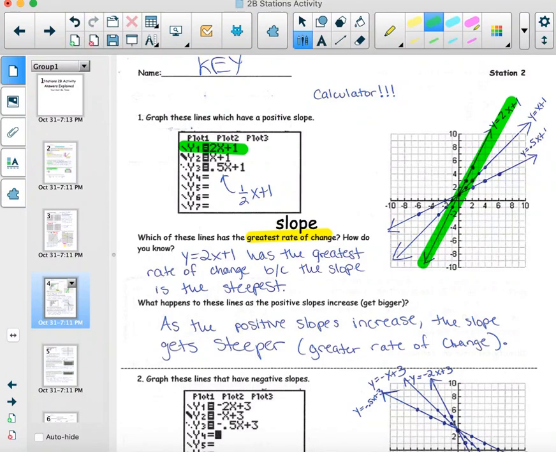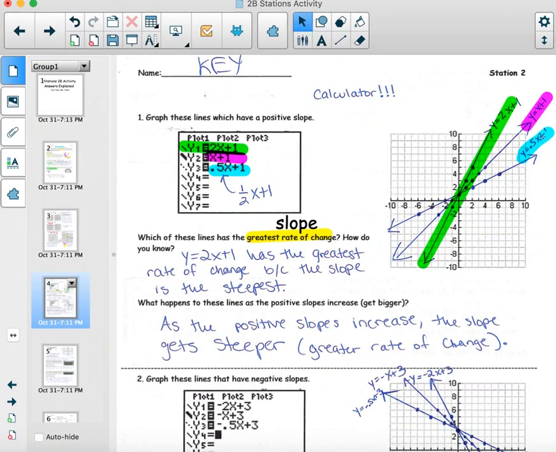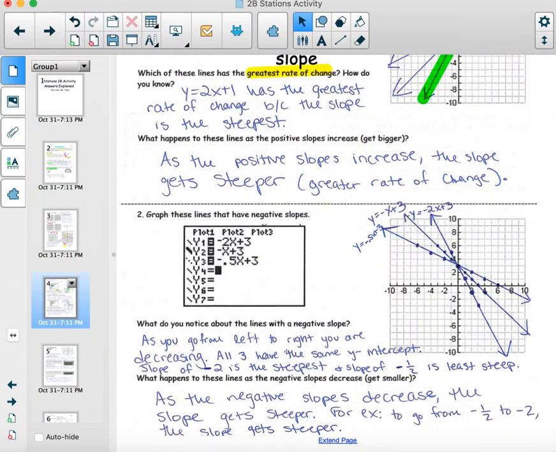So if we look here, this is where y is equal to a half x plus 1. And then right here, when y is equal to x plus 1, that's this line. So you can see, as we go from blue to pink to green, the slope is getting steeper. We're increasing.